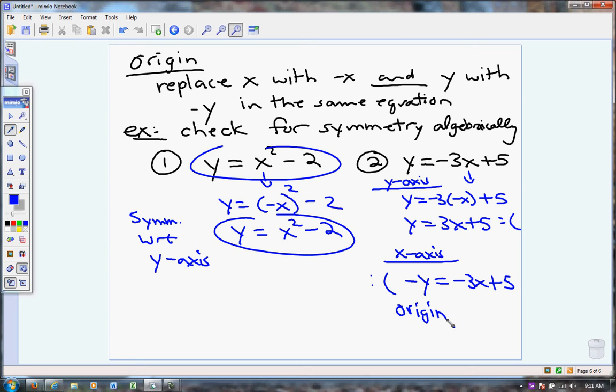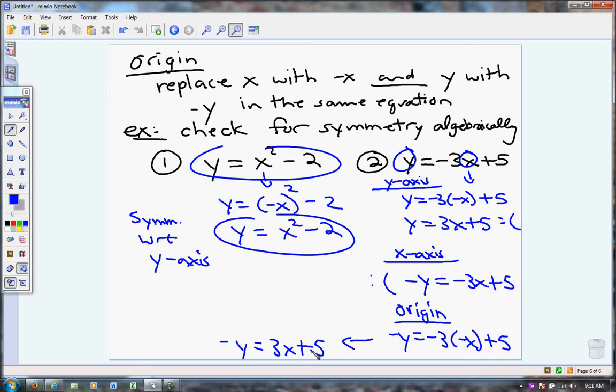So I'm going to replace both the y and the x with the negative. So I'll have negative y equals negative 3 times negative x plus 5. Well, that's going to give me negative y equals 3x plus 5.